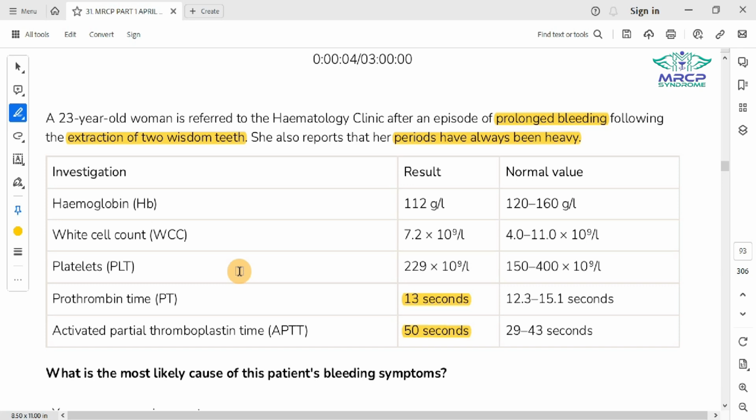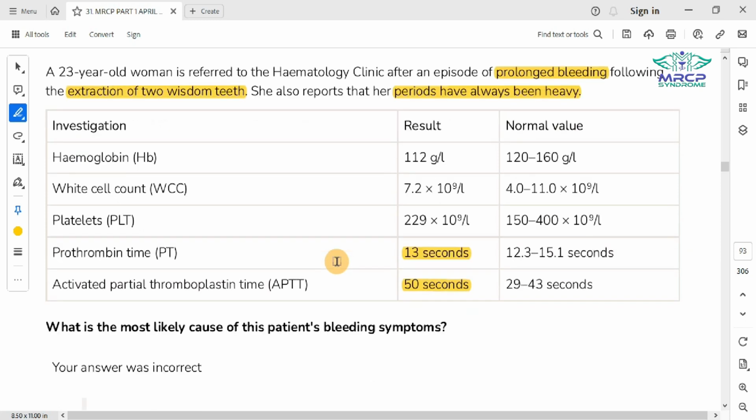So the cause is von Willebrand disease. A young female patient presenting with either menorrhagia or prolonged bleeding following dental extraction or a minor surgical procedure, with normal or prolonged APTT, the most likely diagnosis is von Willebrand disease.